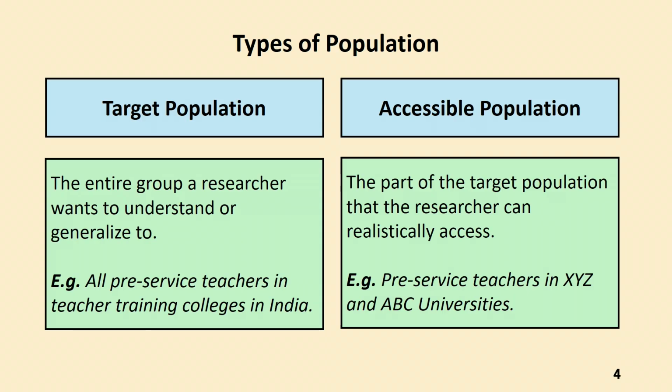That you have to see. And when we talk about the accessible population, that focuses on that particular point, the part of the target population that the researcher can realistically access. Example: pre-service teachers in XYZ and ABC university. Here the example is pre-service teachers studying in specific universities, so it is more specific and more directly accessible to the researcher.